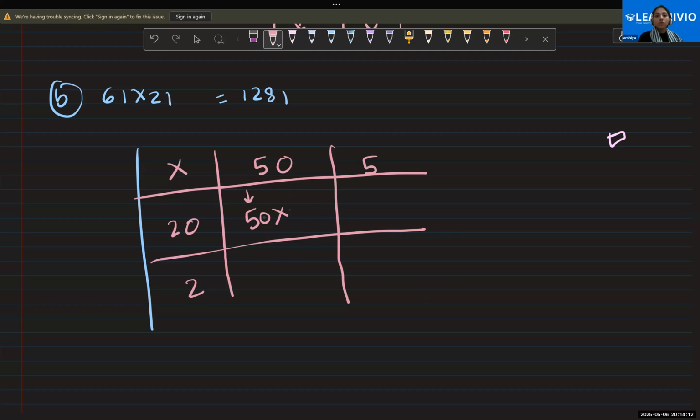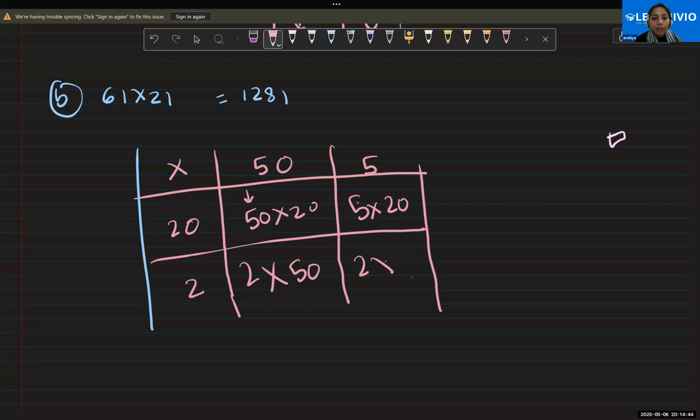Yes, very good. So one from here and one from here. What should I write in this box? 2 multiplied by 50. Yes, correct. So pick it from here and put it here. Next, in this one, what should I write? 20 multiplied by 5. Yes. Then the next one? 2 multiplied by 5. Yes.